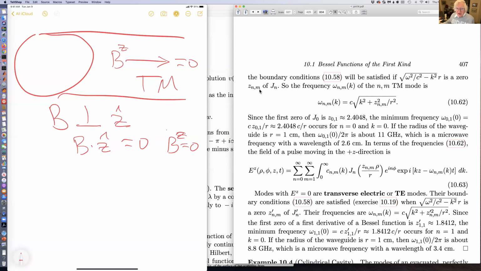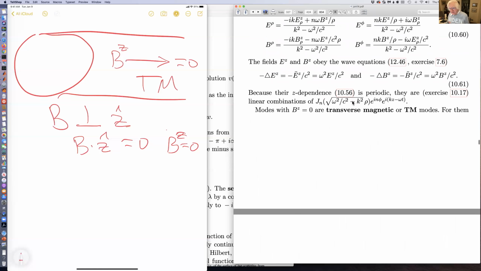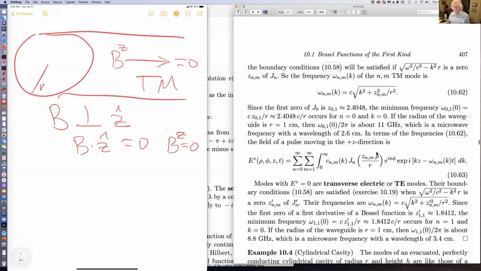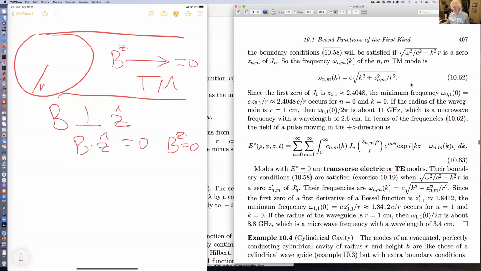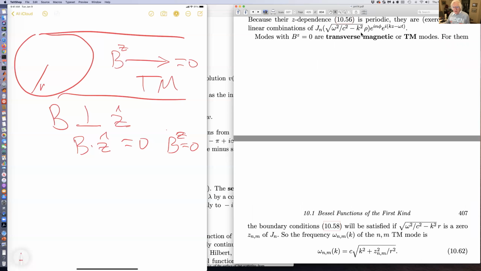So it can be the mth 0 of the nth Bessel function, Z n comma m, because we want this thing to vanish when rho is equal to r, the radius of the waveguide.